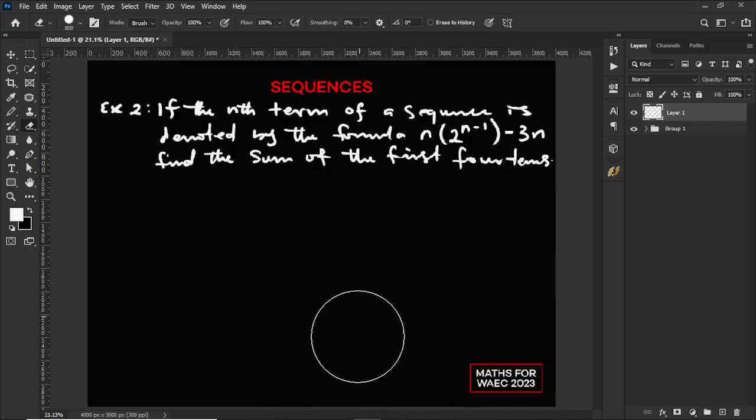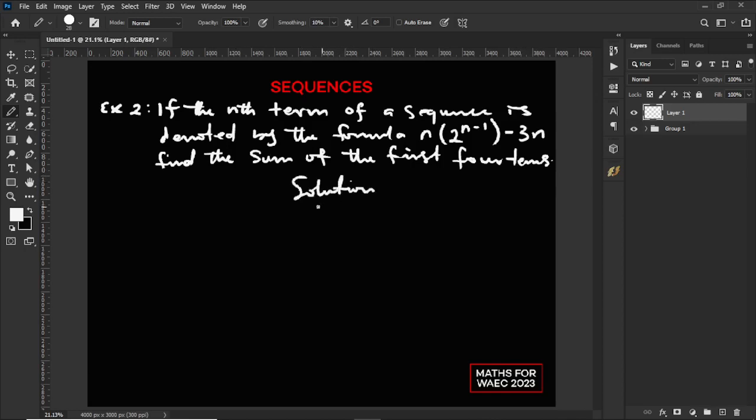The question says that if the nth term of a sequence is denoted by the formula n into bracket 2 raised to power n minus 1, then close bracket, minus 3n. Find the sum of the first 4 terms. So, solution. So, we want to look for the sum of the first 4 terms.